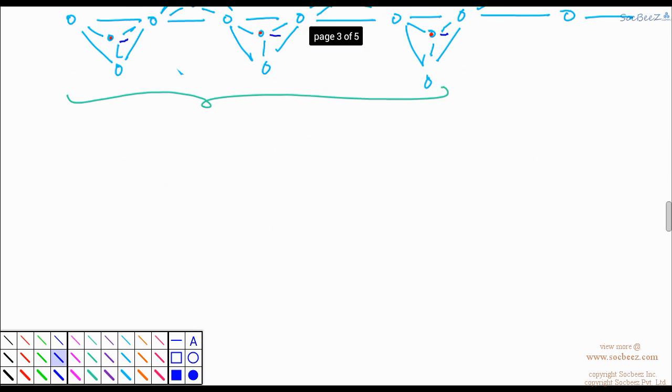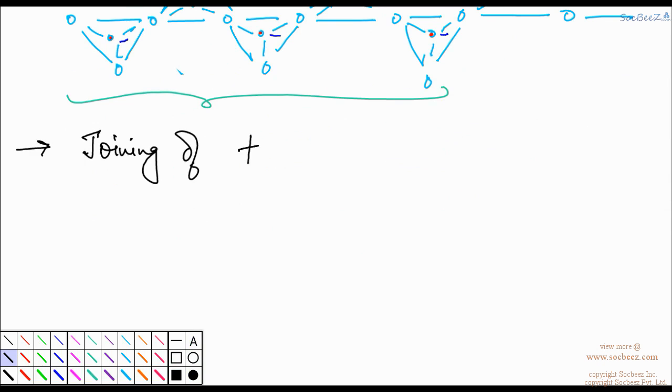So the important feature about this is that it is the joining of two simple chain silicates.